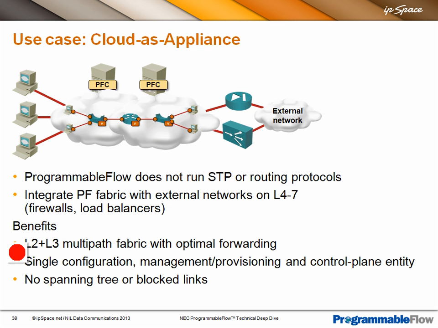This would give you ideal layer 2 and layer 3 forwarding within the fabric. It would give you single configuration management and provisioning and single control plane entity, but you wouldn't have to run any protocols with the external network, because here you would have a demarcation point through firewalls or load balancers.